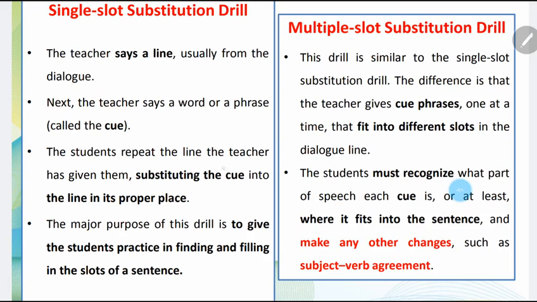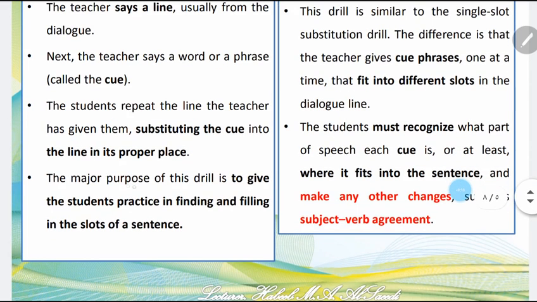The students repeat the line the teacher has given them, substituting the cue into the line in its proper place. The major purpose of this drill is to give students practice in filling the slot of the sentence. The most important thing is to understand where to put the cue and to use it correctly.